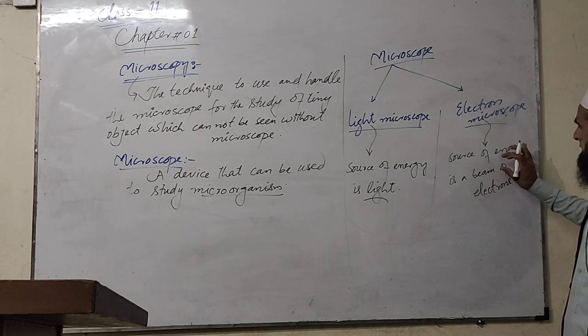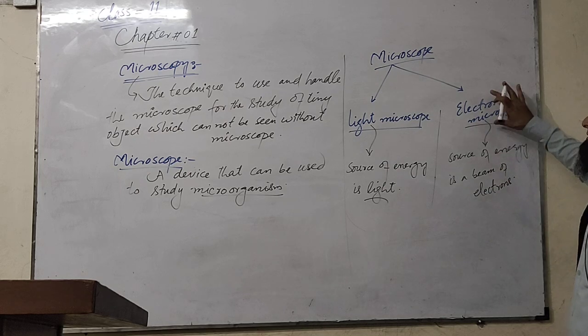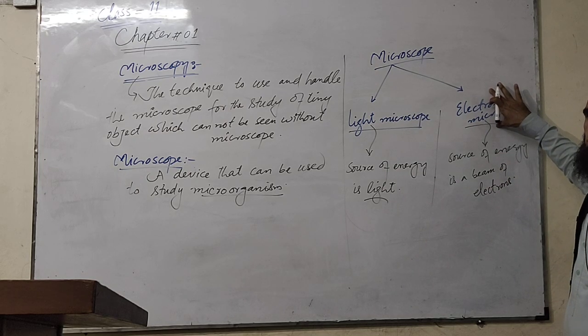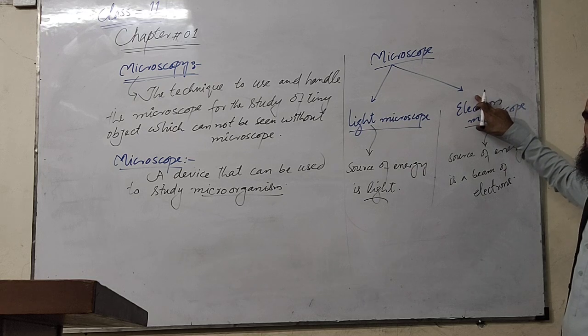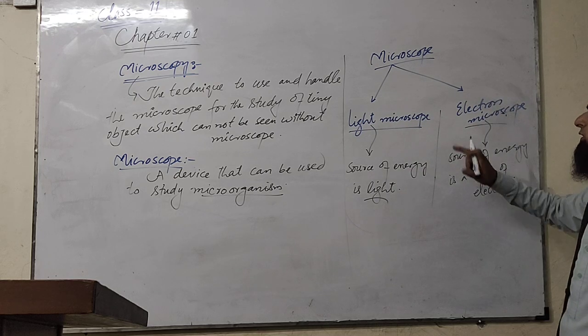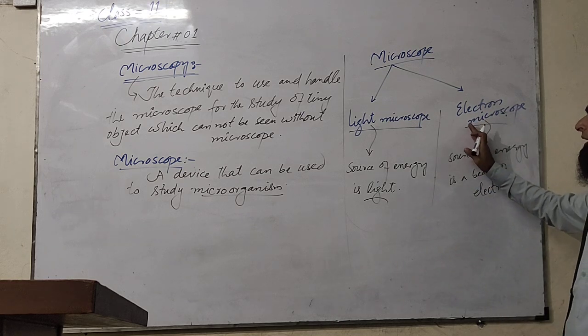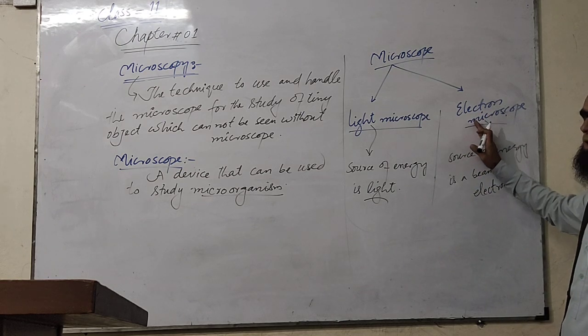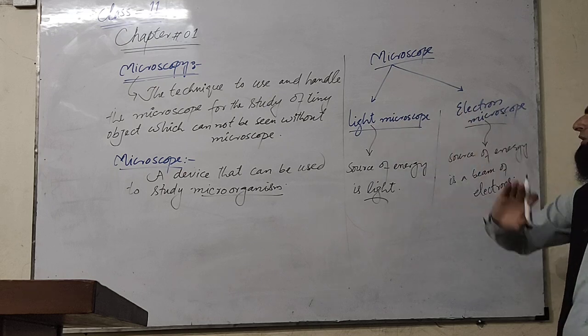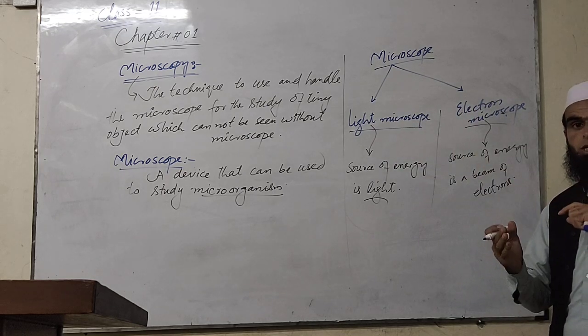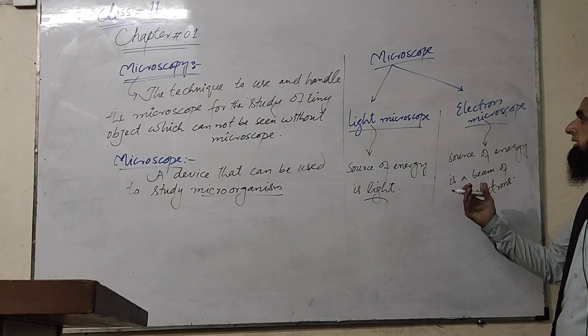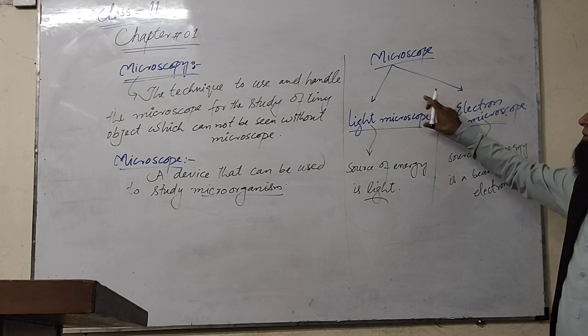If the source of energy is a beam of electrons, then it is called an electron microscope, and the electron microscope is the most advanced form as compared to the light microscope. It is a very advanced form. Its magnification power and resolution power are very high as compared to the light microscope. Resolution power and magnification power are topics related to the microscope or microscopy.